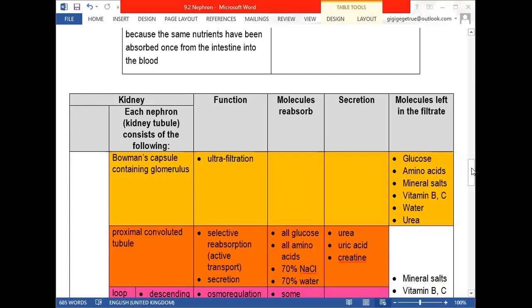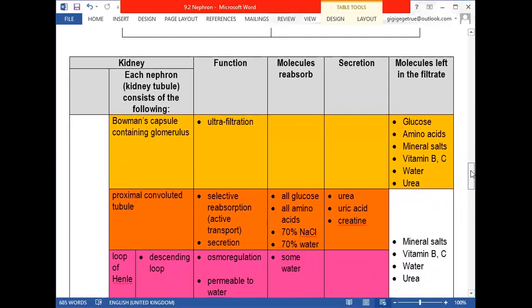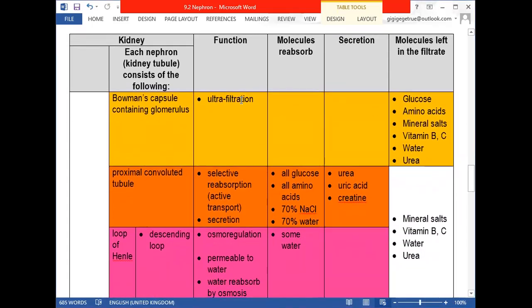Finally, let's take a look at the main function of the region, and also the molecules reabsorbed, the molecules secreted, and also what are the molecules left. So we start off with Bowman's capsule.